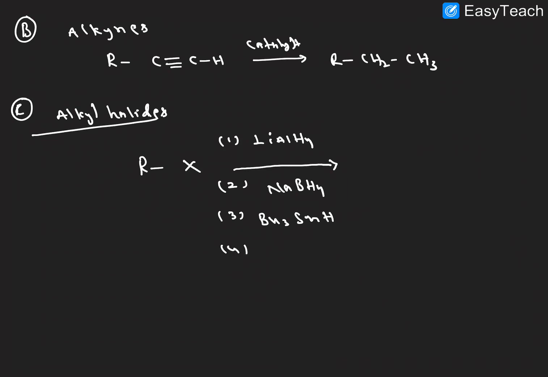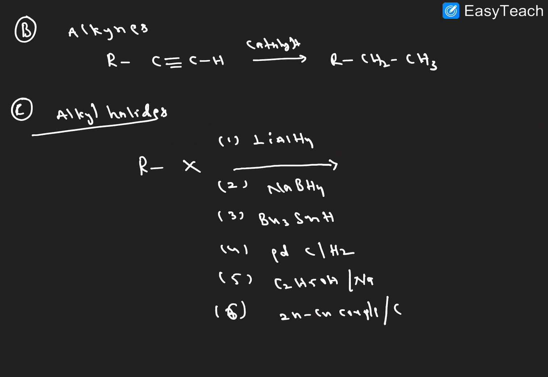And next one more reagent, palladium on carbon plus H2 gas. Next one is ethyl alcohol, C2H5OH, in the presence of sodium metal. The sixth one is zinc-copper couple and C2H5OH.